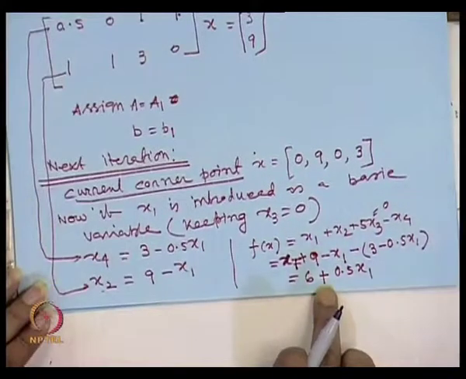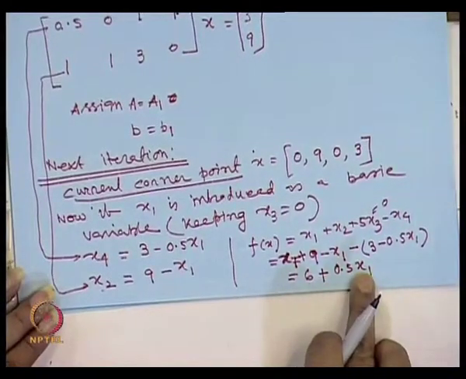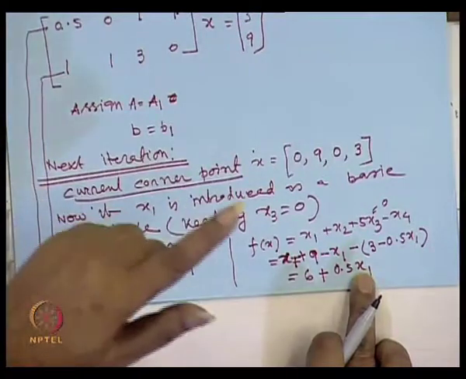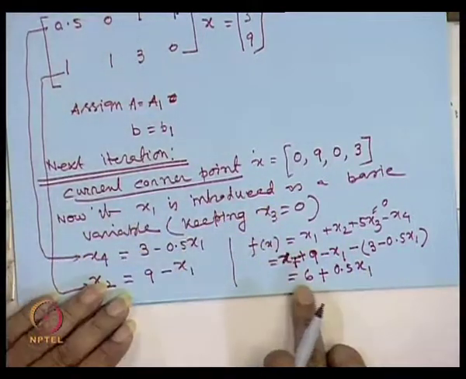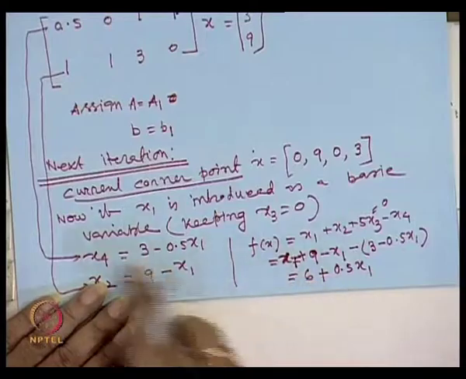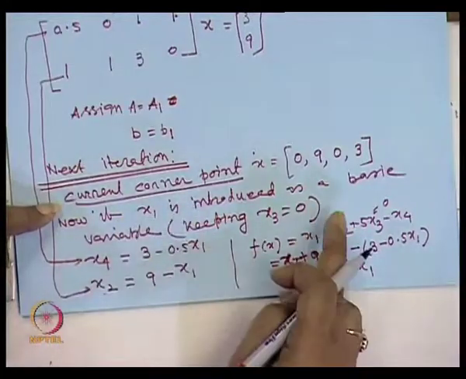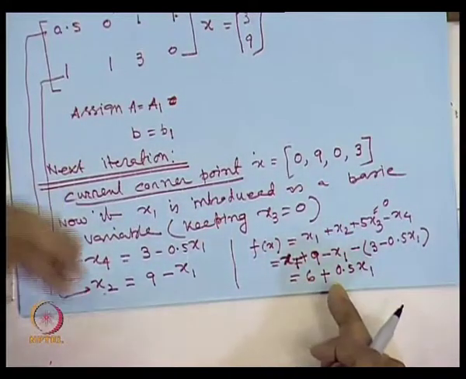Agree. Now, you see this one, since x 1 value goes from 0 to positive, if you use that x 1 as a basic variable, then this will increase the function value. So, x 1 cannot be the basic variable.